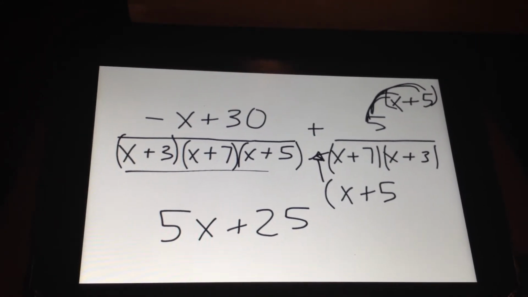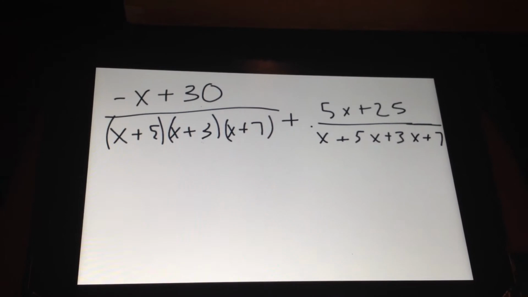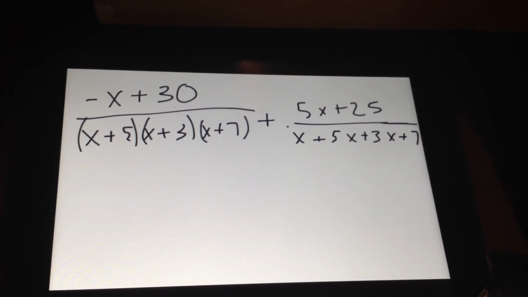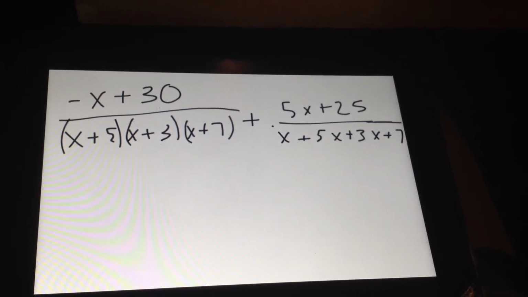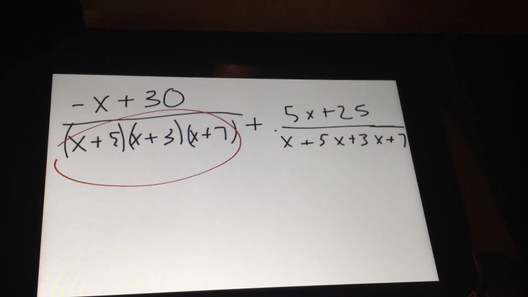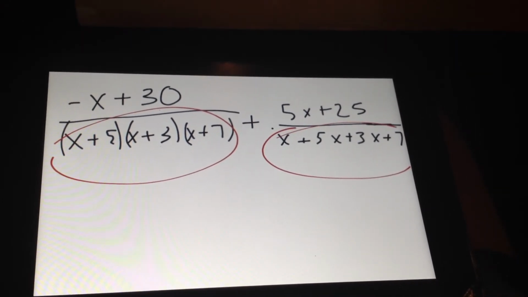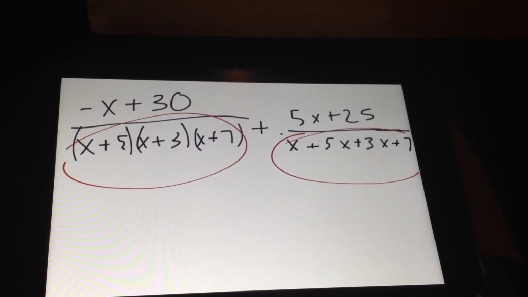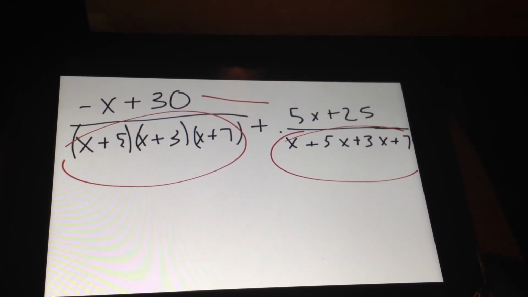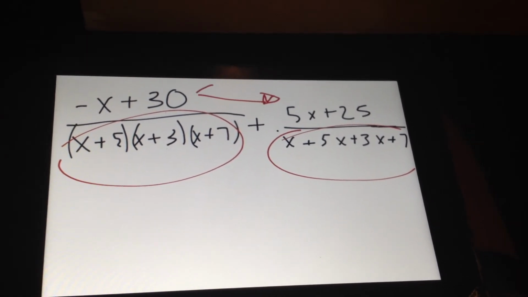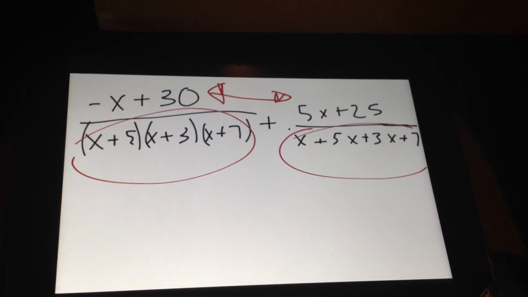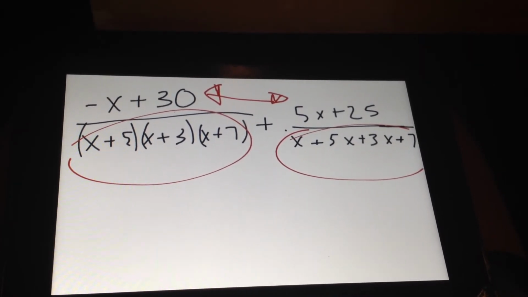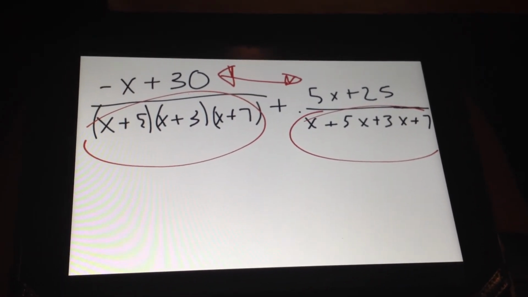So now my problem looks like this. So now that we have the greatest common factor, they both have the same on the bottom, all we have to do is combine these terms together, because we just add both the quantities together, and they both have the same greatest common factor on the bottom.